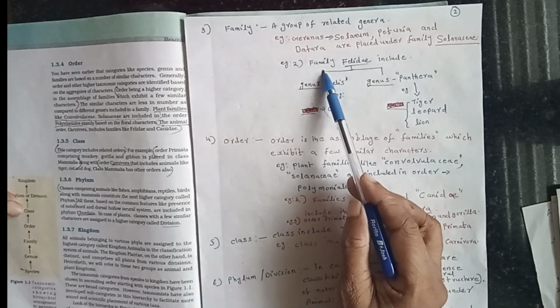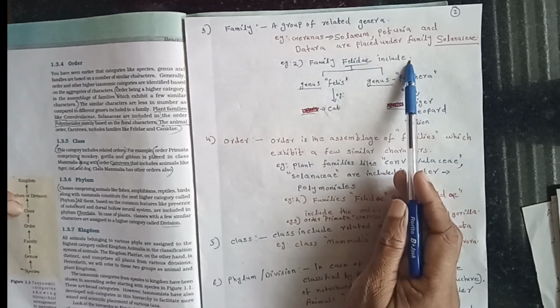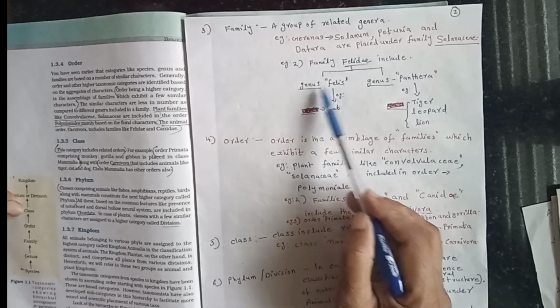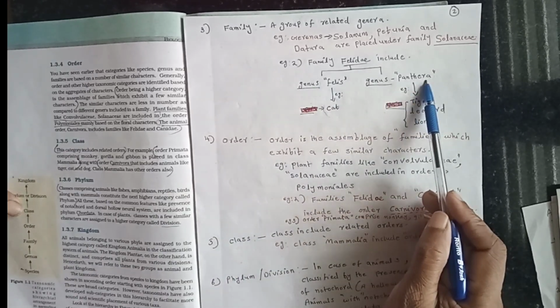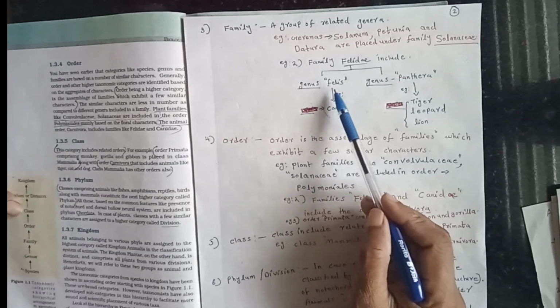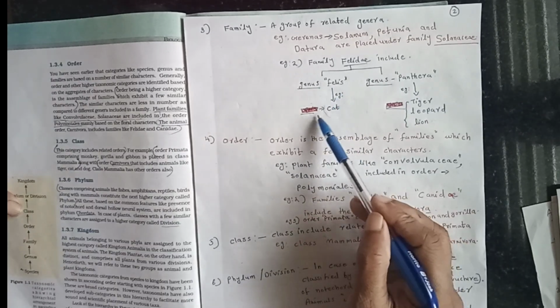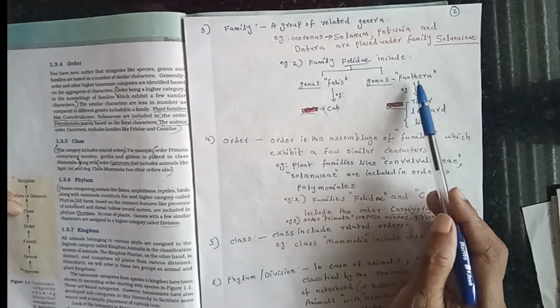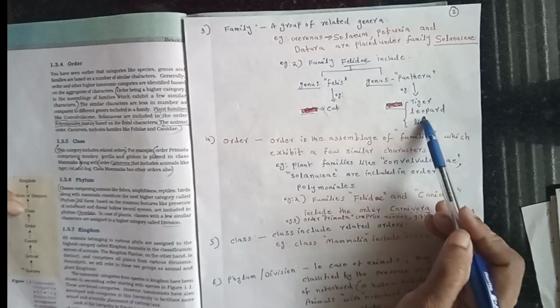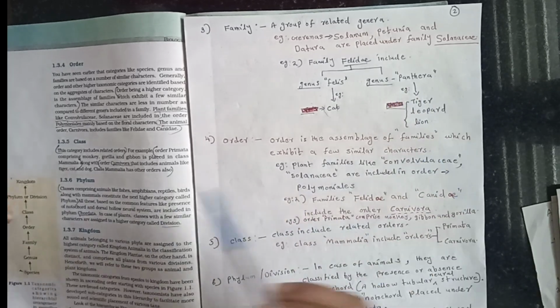Example 2, family Felidae includes two genera, that is Felis and Panthera. The genus Felis includes cats. Genus Panthera includes tiger, leopard and lion.